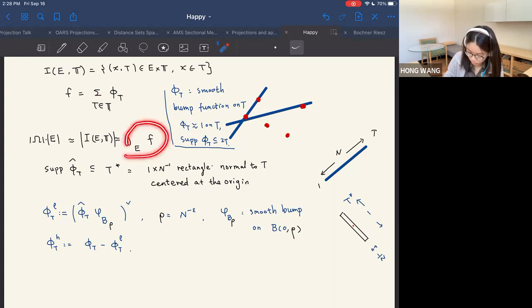Then the integral of f on our set E equals the number of incidences between E and T, defined as the pairs (x, T) where x is a unit ball in E, and T is a 1 times n rectangle in T, such that x is in T. So the integral of f on E is about the number of incidences between E and T, which, by our definition of T, equals the number of unit balls times the number of directions.